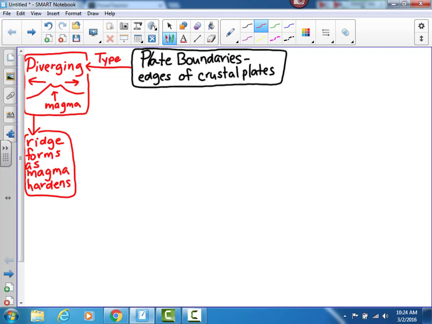Because the magma is coming up in the middle, that's where the youngest rocks would be located. So as you move out from the ridge, the rocks would get older. So older as you go out. The youngest rocks are in the middle. The oldest rocks would be by the beach.